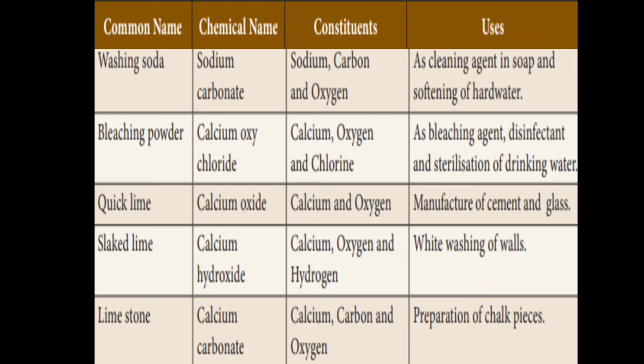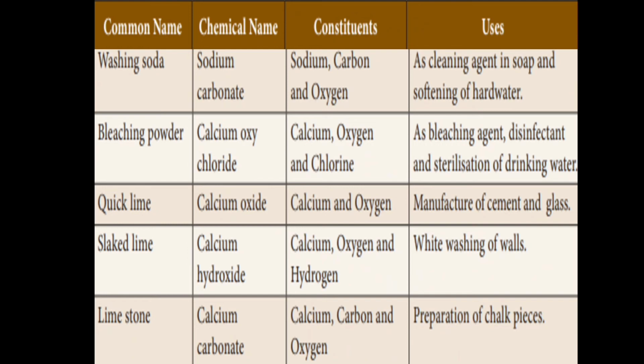Washing soda: the chemical name of washing soda is sodium carbonate. The constituents are sodium, carbon and oxygen. Washing soda is used as a cleaning agent in soap and for softening of hard water.